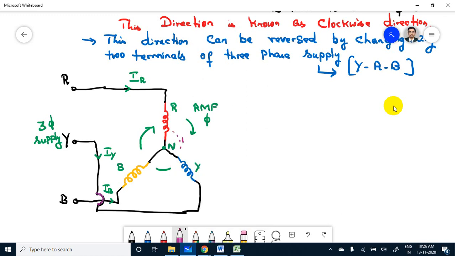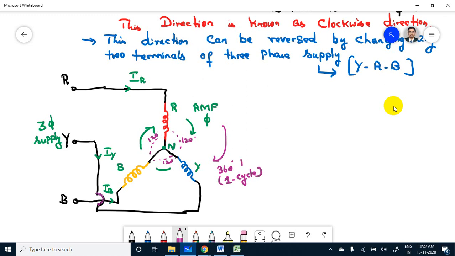So the angle between these two is 120 degree, and Y to B is also 120, and B to R is also 120. So the total rotation will be 360 degree, that is for one cycle, one rotation.